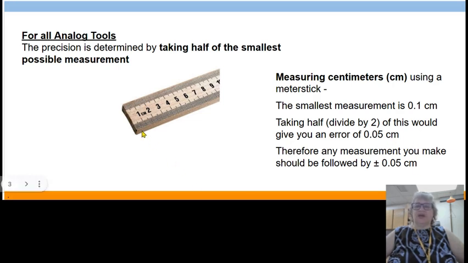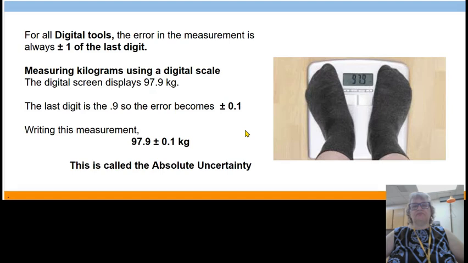So if you're measuring something and it is 9.6 centimeters, it would be 9.6 plus or minus 0.05 centimeters. It's important to know where the units go when you're writing it. For digital tools, the error in the measurement is always plus or minus 1 of the last digit.